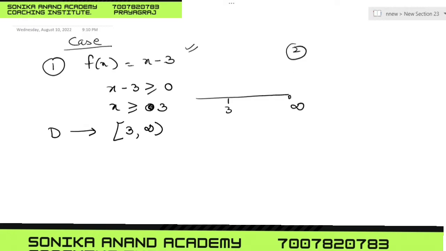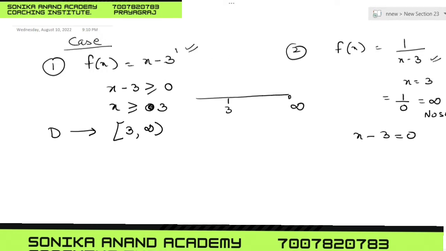Now, for example, we have another case: 1 upon x minus 3, in the denominator. Then how will we write? If the value of x becomes 3, then it becomes 1 by 0, which is infinity, so it has no solution. So we take x minus 3 equal to 0 when it is in the denominator, not the numerator.